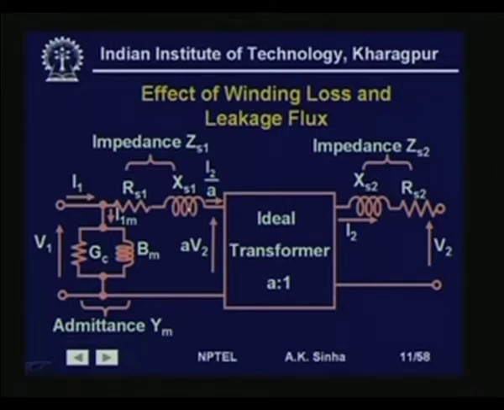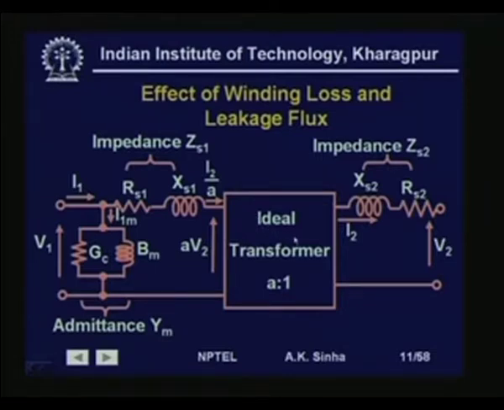So, this gives the impedance of the winding, where R s 1 is the resistance of side 1, that is the primary side, and X s 1 is the leakage flux part, which is represented by a leakage reactance X s 1. So, this is what we get. Similarly, on the other side also we have a winding. So, it has resistance and leakage reactance, which is given by R s 2 and X s 2. So, this is a model for the transformer.